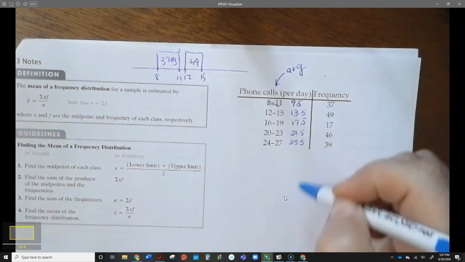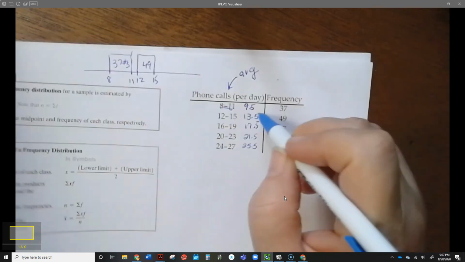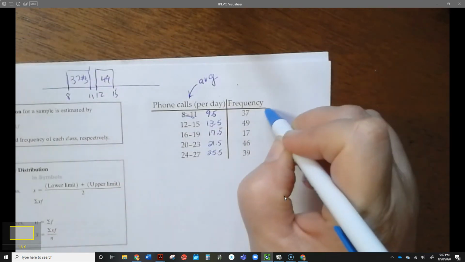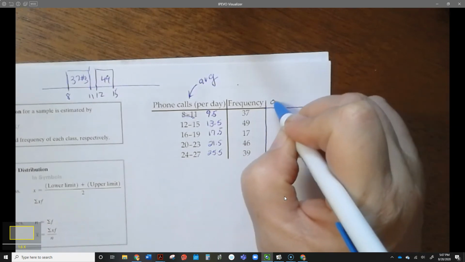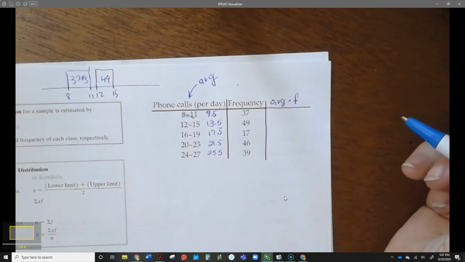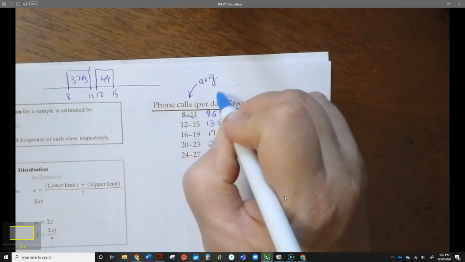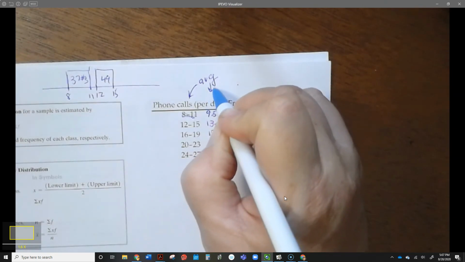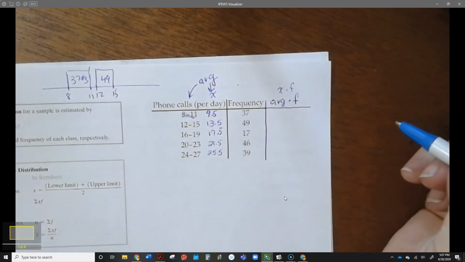So I found the average of these, and now I'm going to take the average and multiply it times the frequency. So this becomes like your x. The average becomes your x, and we do x times the frequency, okay?